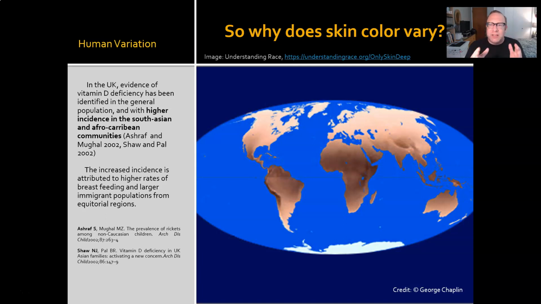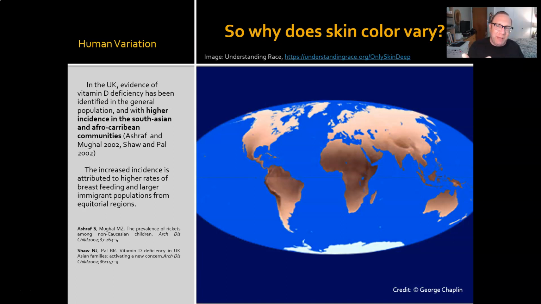So yeah, by abandoning formula, which has vitamin D added to it, mothers were no longer giving their babies as much vitamin D. Now, for light-skinned people, this wasn't a big problem. Light-skinned babies need very little sunlight, even at high latitudes, to synthesize the vitamin D they need.